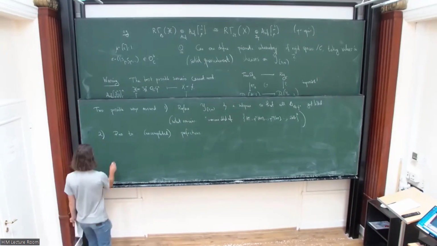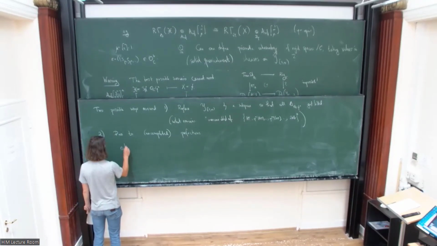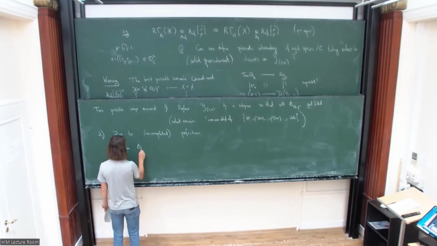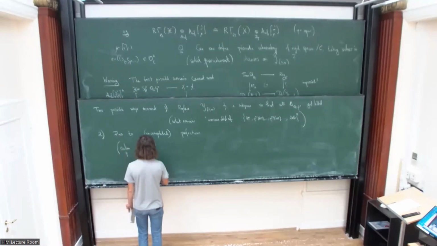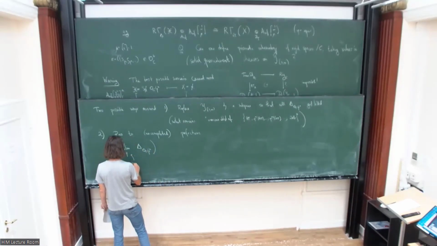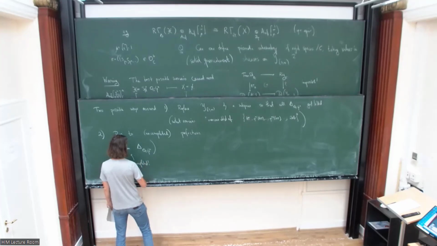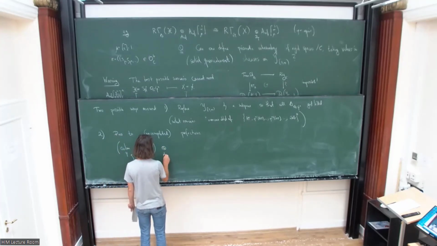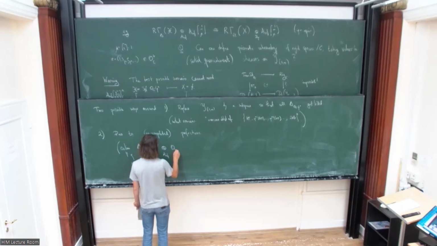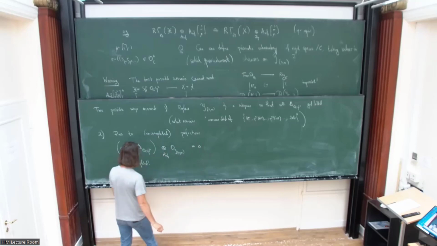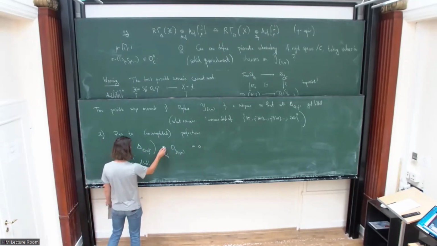So, namely, if I take the colimit, and really the uncompleted colimit over the Frobenius of the prism of O_C mod p^n, again, then all these tensor products.